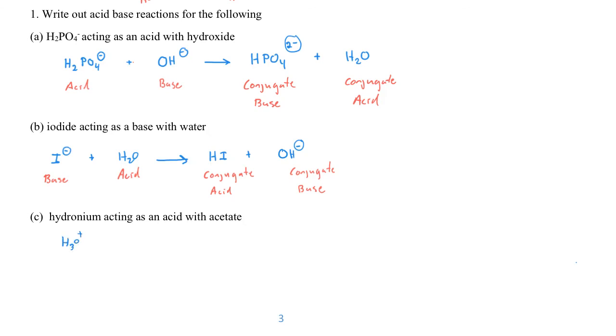Hydronium acting as an acid, with acetate acting as the base. So the proton exchange starts from the acid, which is hydronium, and that proton needs to go to the base, which is acetate. So the products of this reaction would be water and acetic acid. Water is the conjugate base, and acetic acid is the conjugate acid.